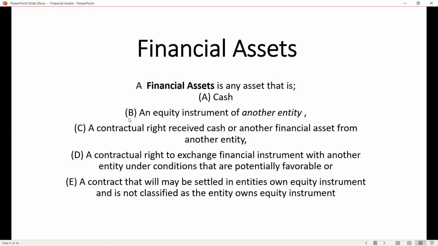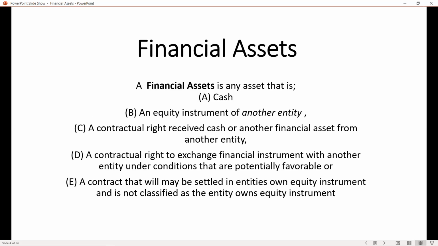A contractual right to receive cash or another financial asset from another entity. This was already discussed to us before in the topic on loans and receivables, right? So when we have a contractual right to receive cash, we have a paper or anything that we might be able to receive cash in exchange of.